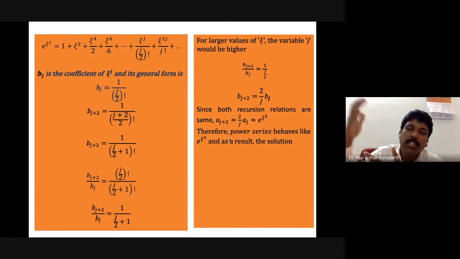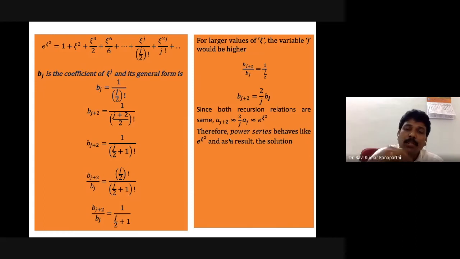At larger displacement, the z to the power j terms are very large. That means j is very large. At larger displacement, z is large; if z is large, then the j value will be higher.